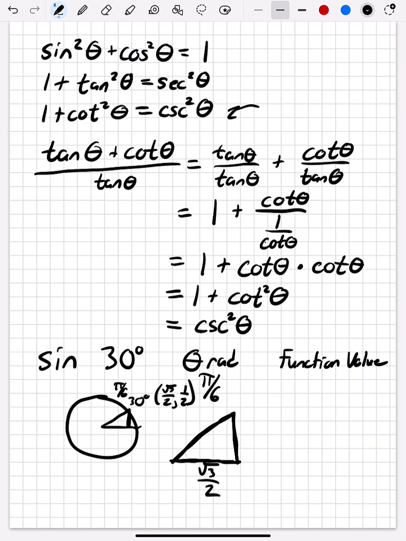I know that 1 over 2 corresponds to my y direction, so my up and down. Well, I am looking at this angle here and this angle there in the unit circle. Well, sine corresponds to the y direction. Okay. So therefore, the function has a value of 1/2.